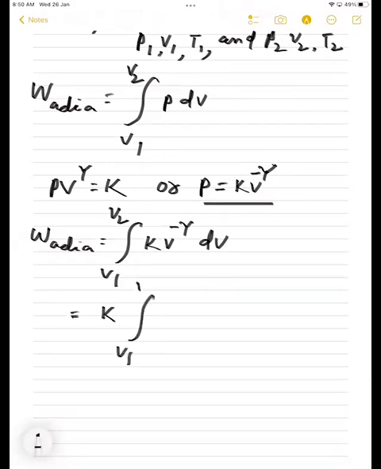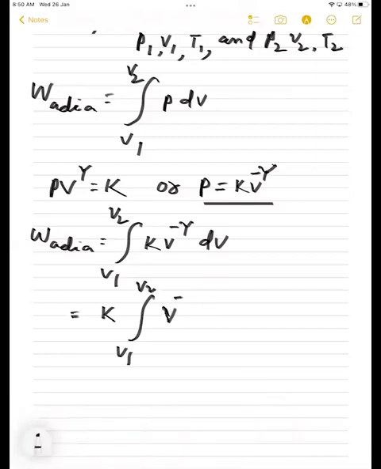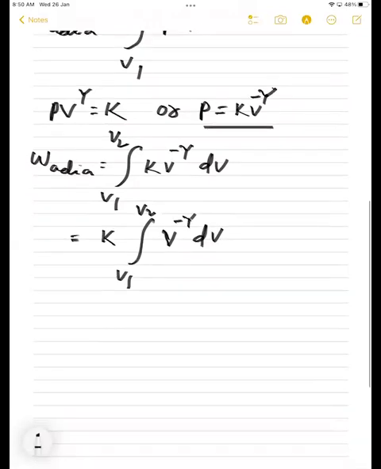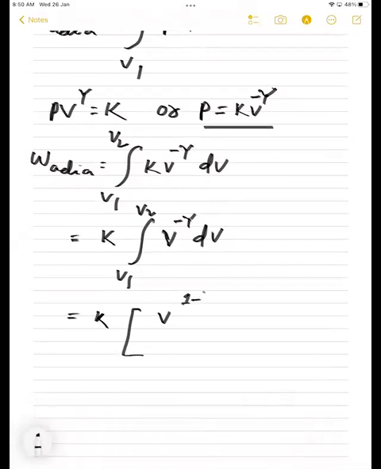And we're interested to find the integration of V to the power minus gamma dV, correct? So that is K into V to the power 1 minus gamma divided by 1 minus gamma, correct? And limit V1 to V2.